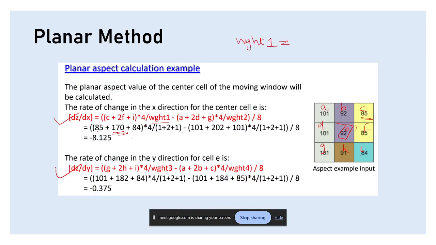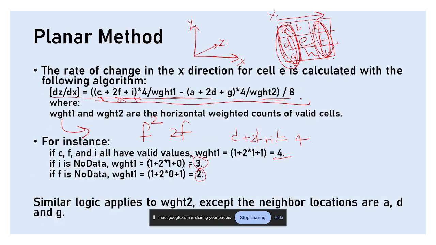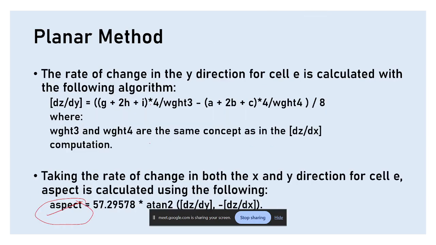Weight 1 is equal to C plus 2F plus I. But unlike how we have included the value which is already given in the aspect input, like for C we had written it as 85, F was again 85 and I was again 84, right? But when you do this, weight 1 is basically the horizontal weighted count of valid cells, like the number of valid cells.